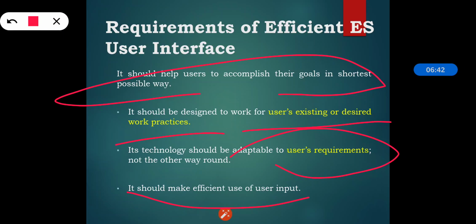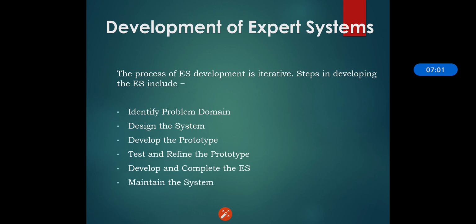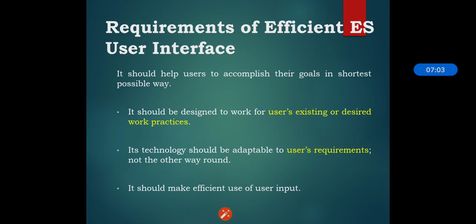And it should make efficient use of user input, what the particular user is asking. The user interface should take efficient advantage of a particular user's query so that it can become knowledge for another query. So these are the requirements of an efficient expert system user interface.